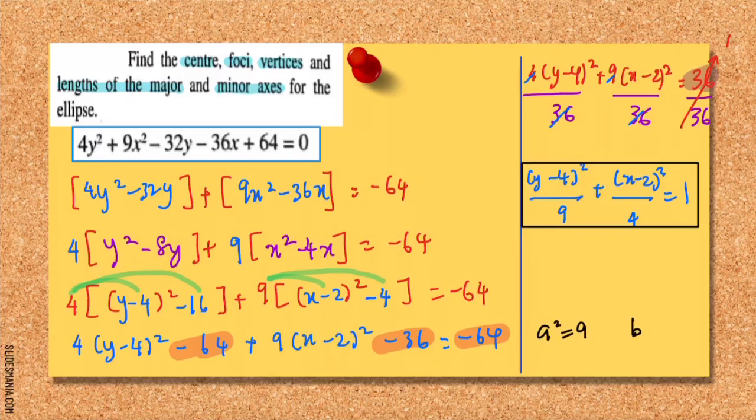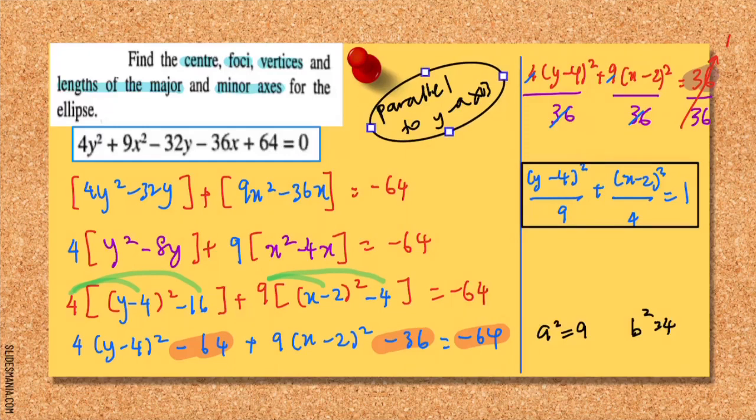And automatically, this is your b squared. Therefore, your b squared is equal to 4. Since your a squared is 9, meaning that this is the denominator of your y part, therefore we can decide that this ellipse, the major axis, is parallel to your y axis.